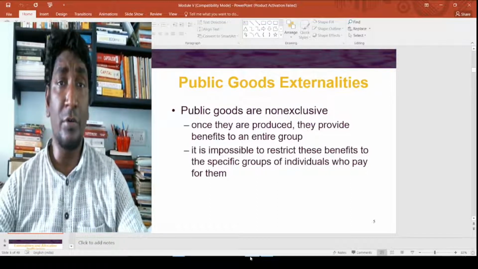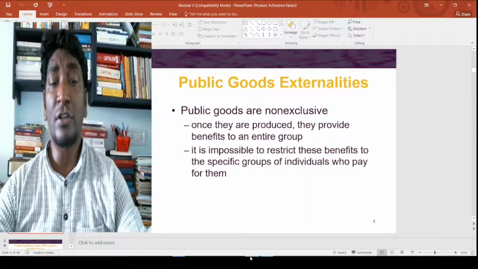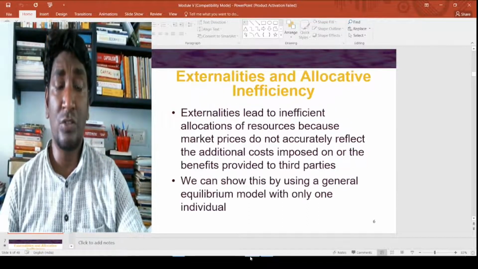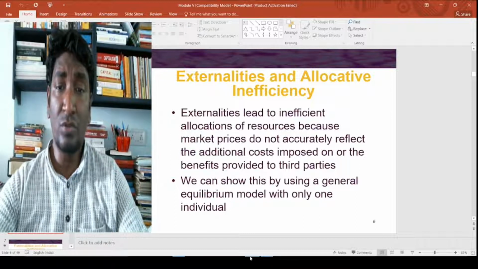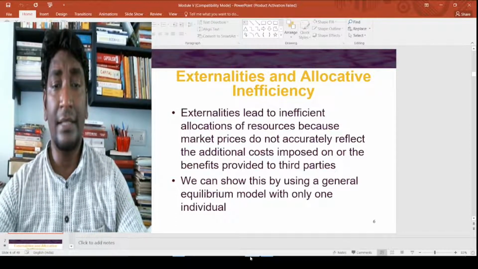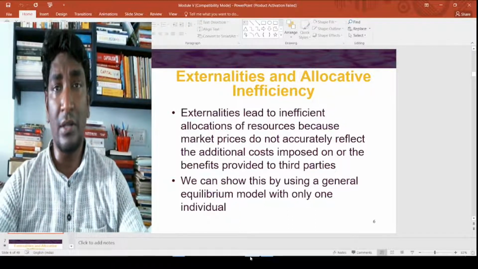Everybody is entitled to use that. So it is impossible to restrict these benefits to a specific group of individuals who pay for them. So externality leads to inefficient allocation of resources because market prices do not accurately reflect the additional cost imposed on, or the benefit provided to, a third party.